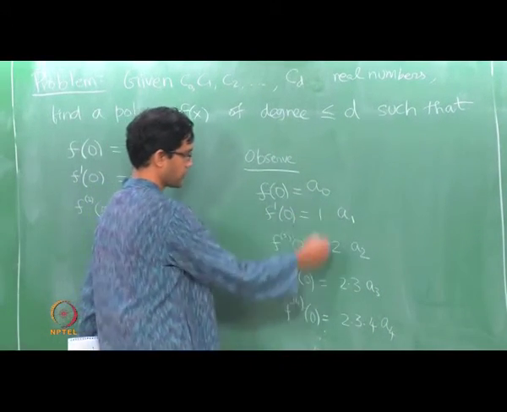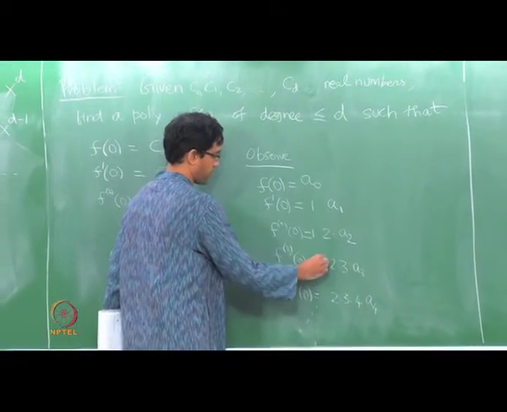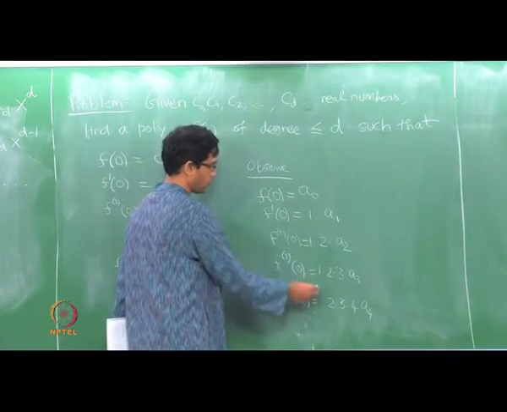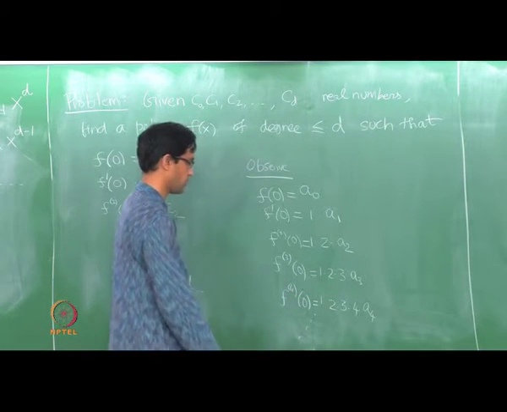Okay. So, in order to make this a little more symmetric, let us just throw in a 1 everywhere. It is 1 into 2, 1 into 2 into 3, 1 into 2 into 3 into 4 and so on.